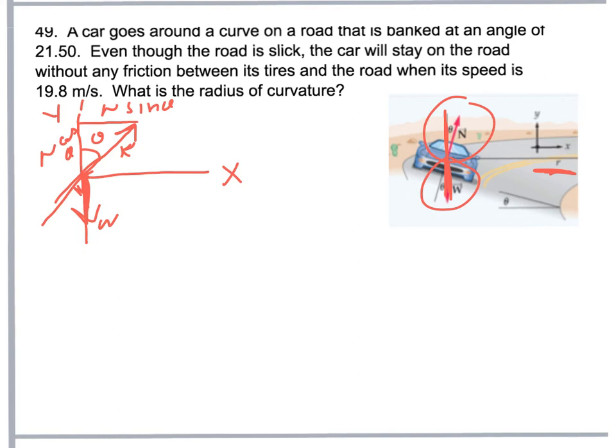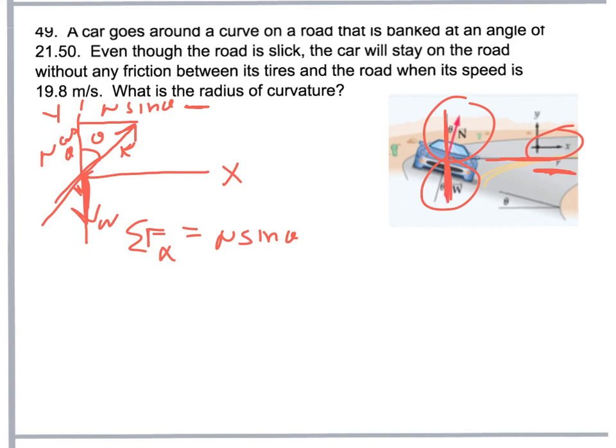The radius is in this x-axis right here, so we want to sum all of our forces in the x direction. Our force in the x direction is this one right up here, n sine theta, and that looks like everything, because w is entirely in the y direction.